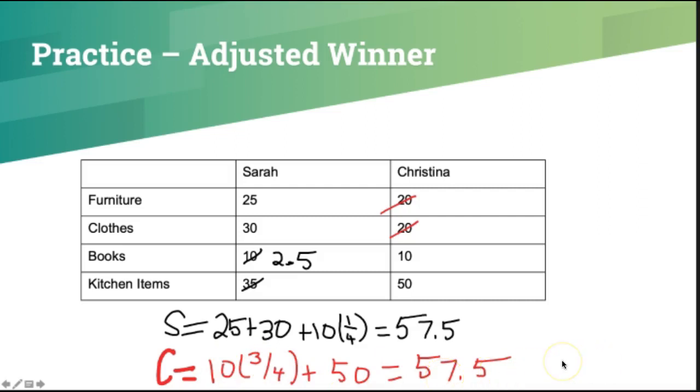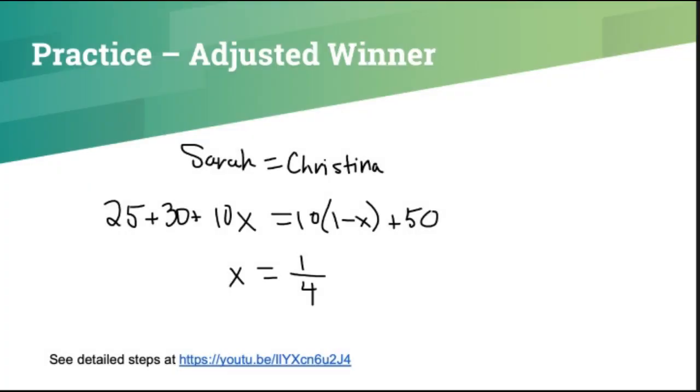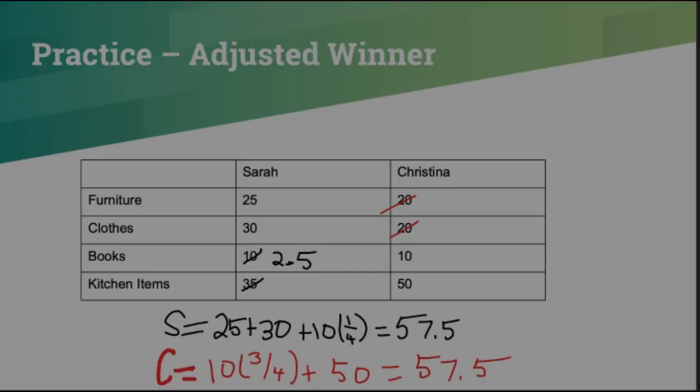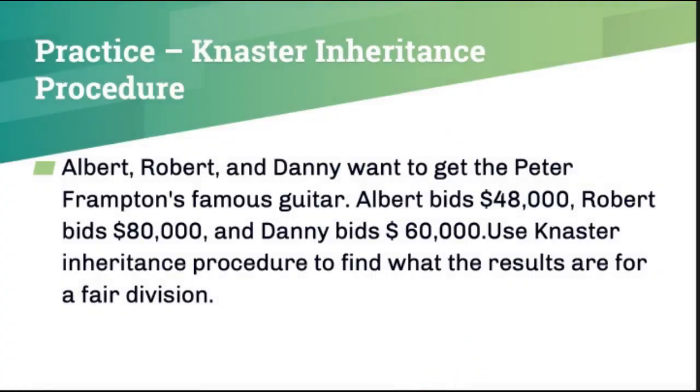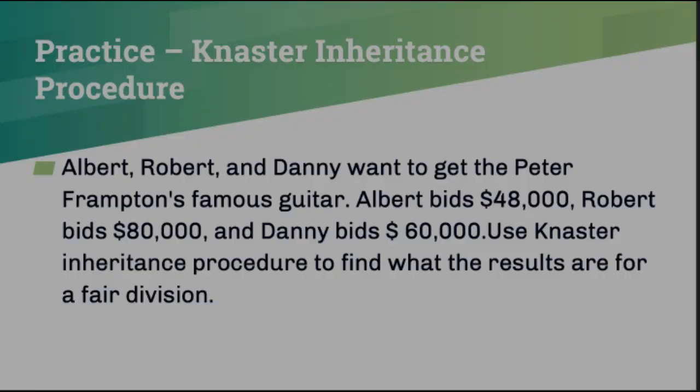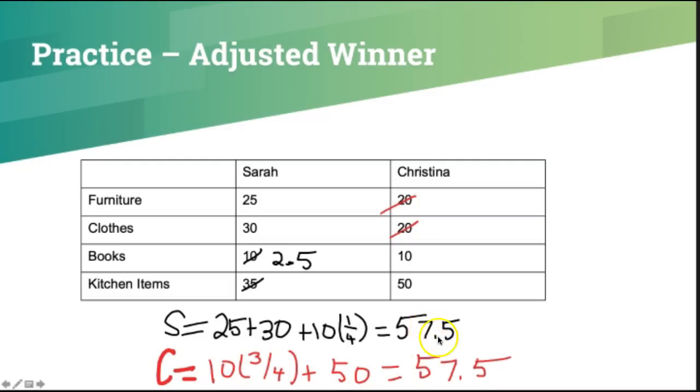Now we just went through a lot of algebra through these steps here to get this calculation, where they're both equal to 57.5. 10 times 3/4, I forgot to write that here, but this should say over here to the right, 7.5.